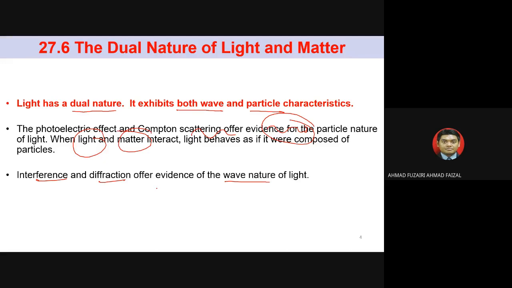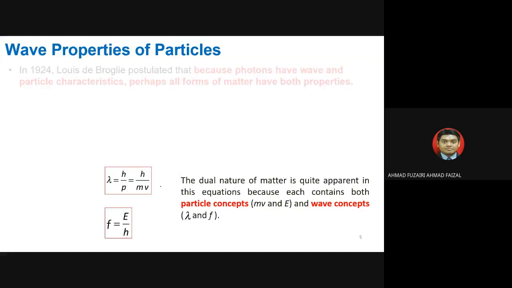We cannot explain interference and diffraction when light is a particle. So the photoelectric effect and Compton scattering are particle characteristics, but interference and diffraction in the previous chapter offer evidence for the wave nature.